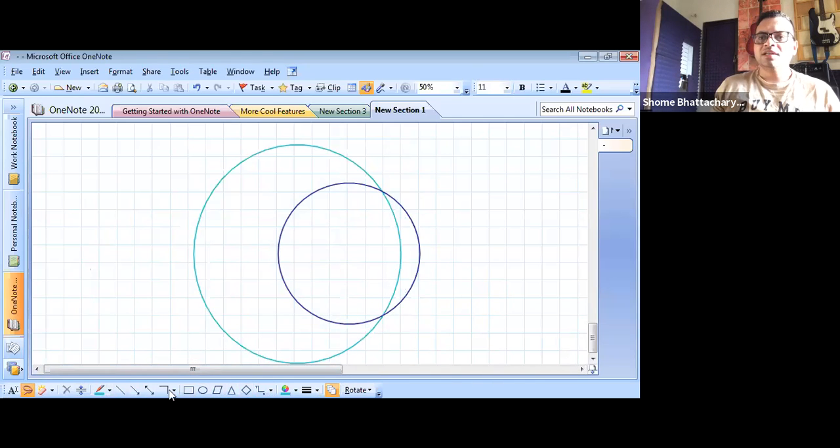Our lens actually consists of just this overlap part, this part over here.